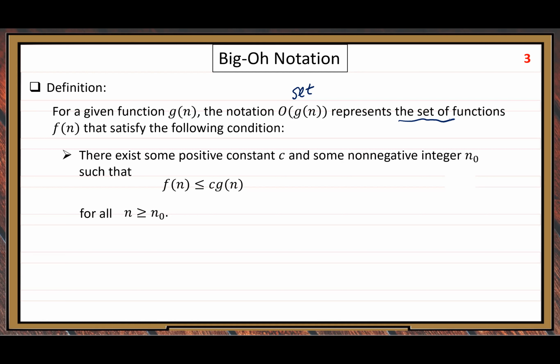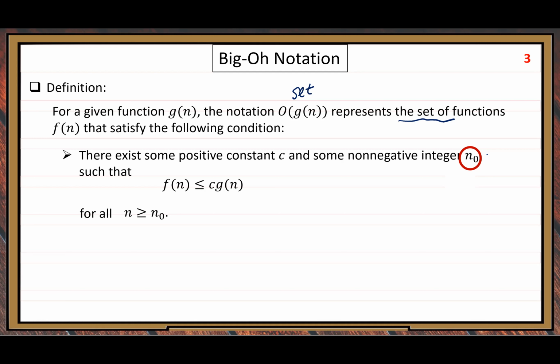So this is the complete definition of the big O notation. From this formal definition, to understand it well, we need to spend some time here. You can see this little n0, that's new. We didn't use this little n0 before.